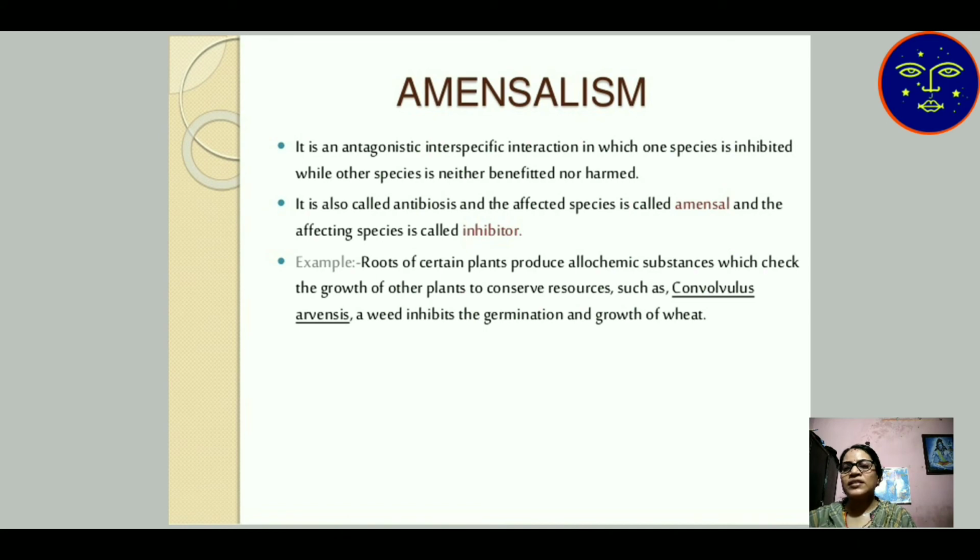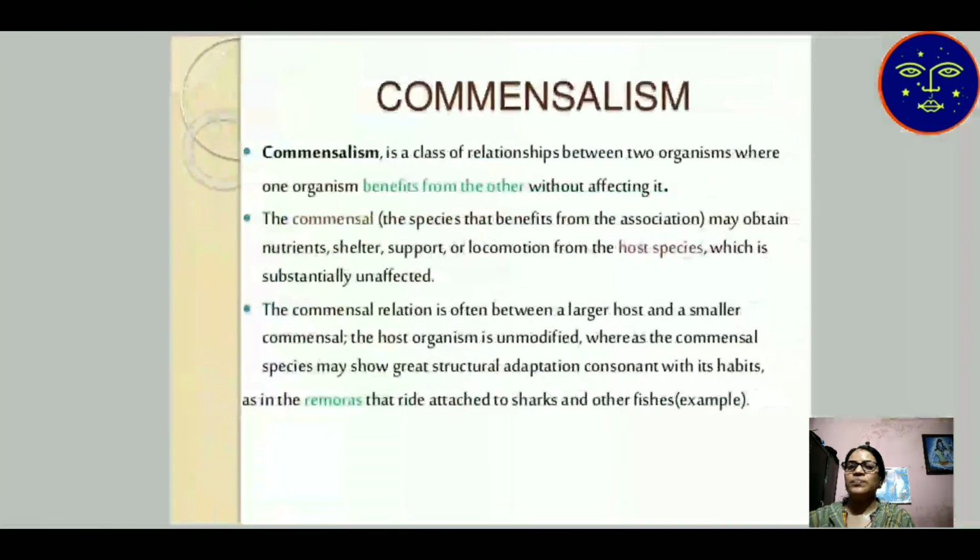For example, roots of certain plants produce a chemical substance which checks the growth of other plants to conserve resources, such as Convolvulus arvensis, a weed that inhibits the germination and growth of the wheat plant. It is known as amensalism.